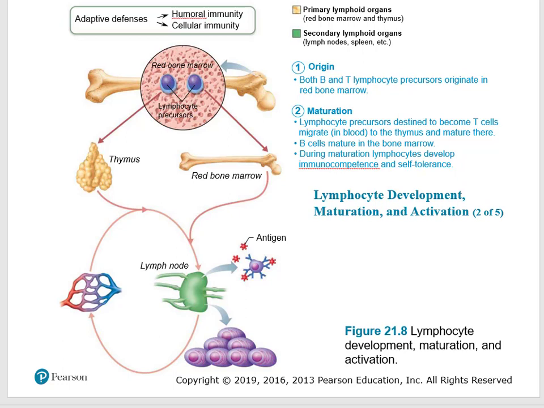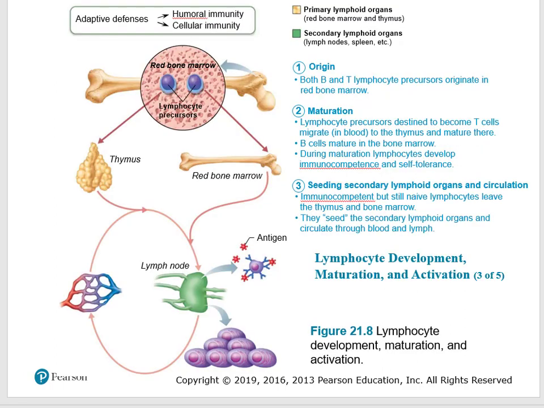So the maturation process depends on which cell we're talking about. Is it going to the thymus? That'll be your T. If it stays in bone marrow, it'll be your B lymphocyte, B for bone marrow. Once that is done, the maturation is done in either the thymus or the red bone marrow.